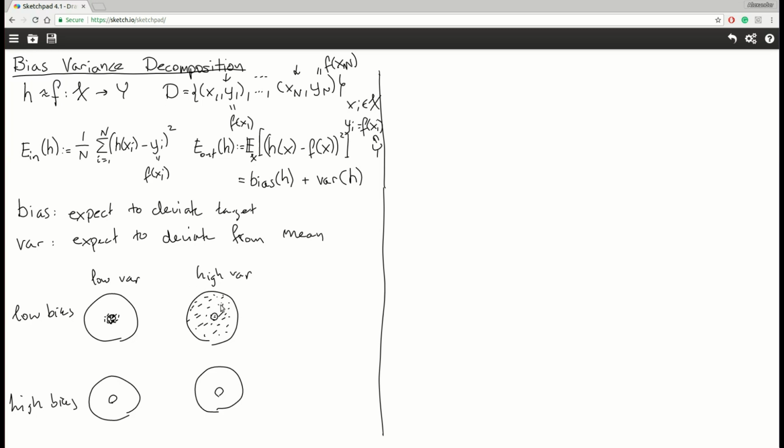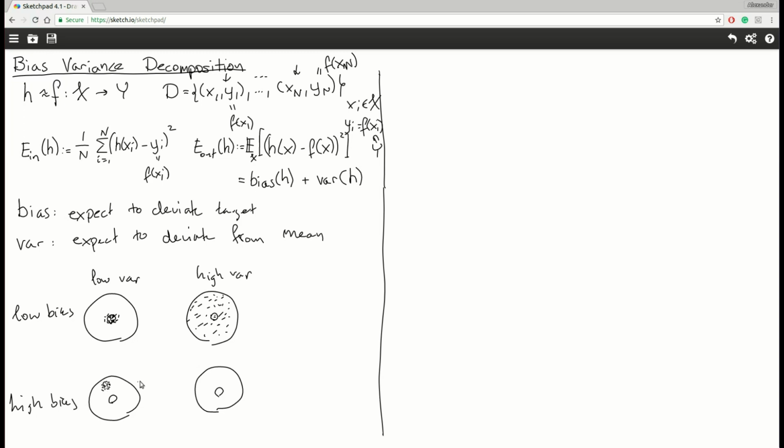Each of the darts would deviate a lot from the mean of the darts. Now I might have low variance, so the darts don't deviate a lot from each other, but high bias, so I deviate a lot from the target. Maybe they would all land over here.